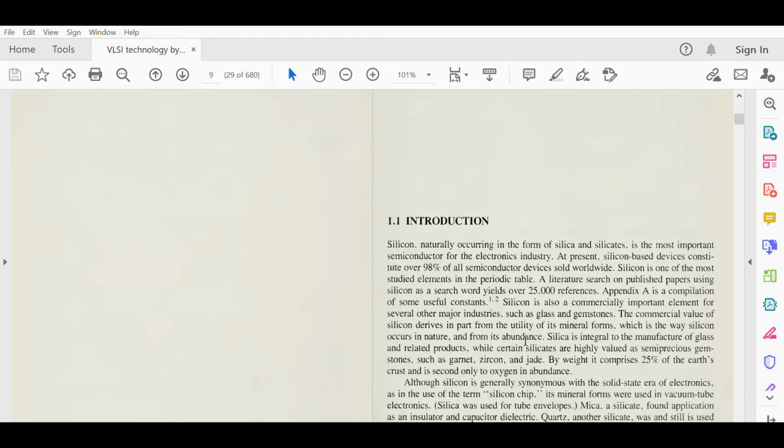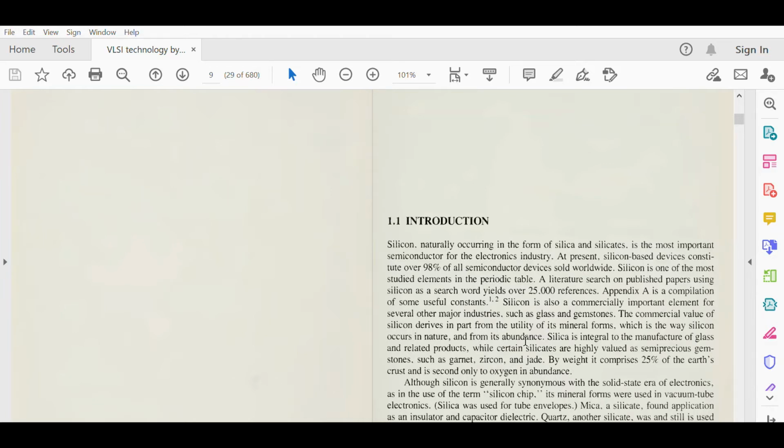And this is the reason: the abundance of silicon is the reason why it is used most widely as a semiconductor, over the other reasons as well. But the most important reason is the abundance of silicon.